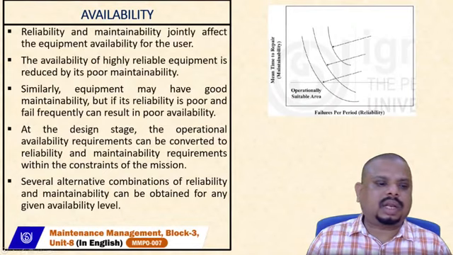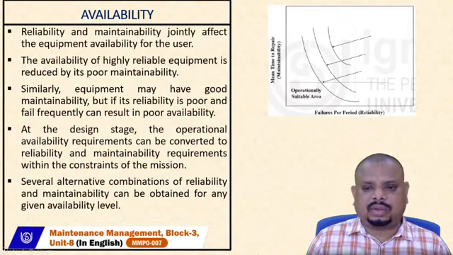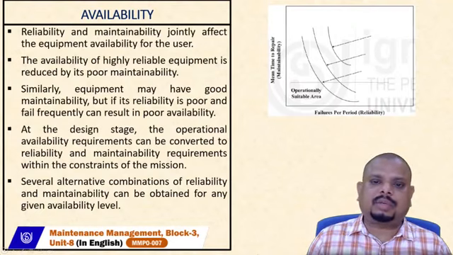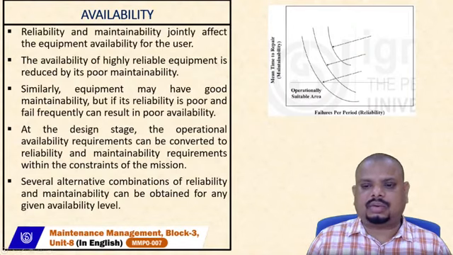There are several alternative combinations of reliability and maintainability that can be obtained for any given availability level. Let's understand this from this particular graph. This graph is plotted as mean time to repair, which represents maintainability, versus failures per period, that is the consecutive failures, which represents reliability. So maintainability versus reliability, and the operationally suitable areas are given for specific machines or equipment.